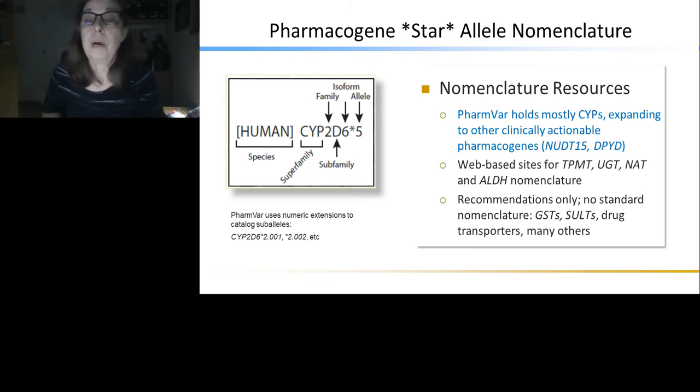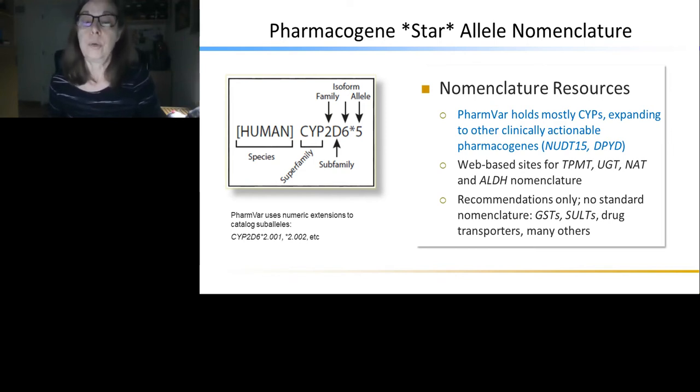And so PharmVar holds mostly cytochrome P450, so this is what we have inherited from the original nomenclature site, but we are also expanding to other clinically actionable pharmacogenes. And so far, we have introduced a nomenclature for NUDT15 and more recently on DPYD. And as I will show you, we are also starting to work on our first transporter, SLCO1B1, later this fall.